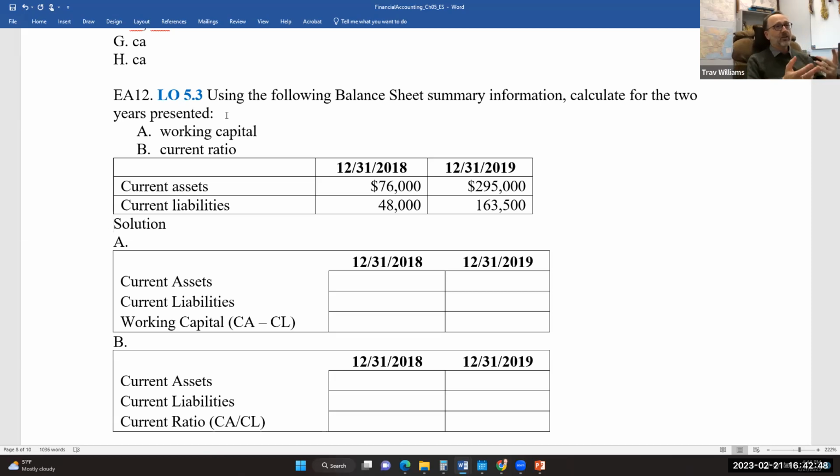And why is it called liquid? Well, think of it, if you own a building, you can't really spend the value of that building. You'd have to sell it, and that might take months or even years, right? So you can't really touch the assets that are tied up in the value of the building. So it's kind of frozen.